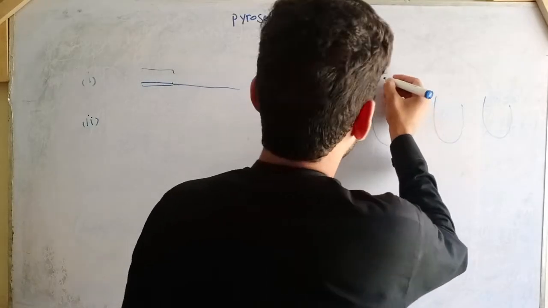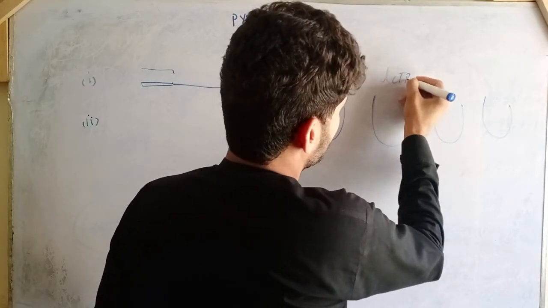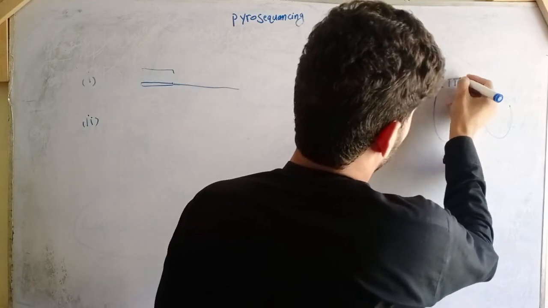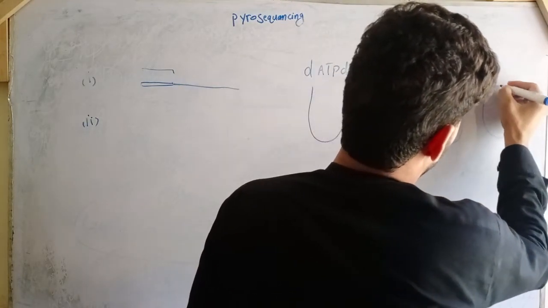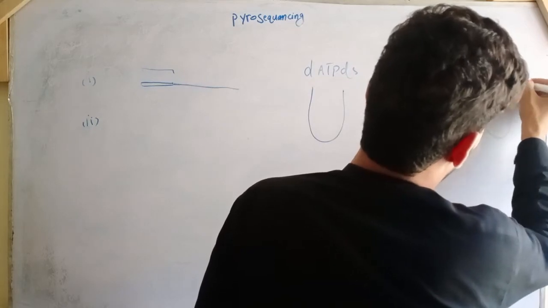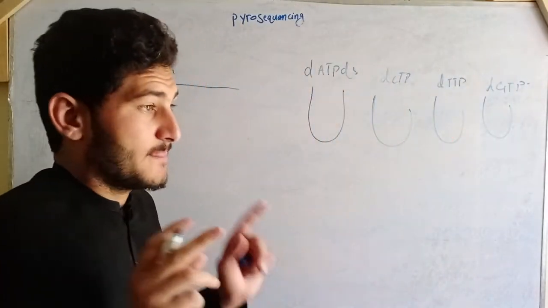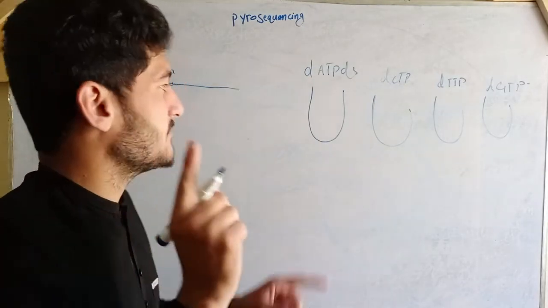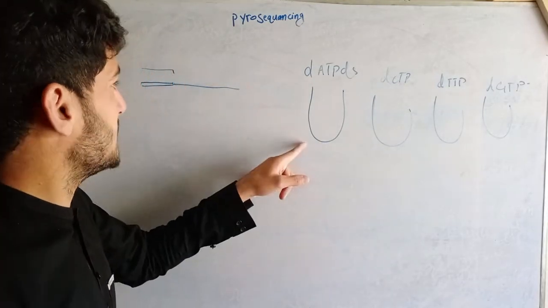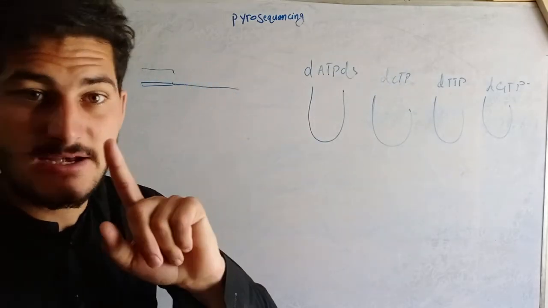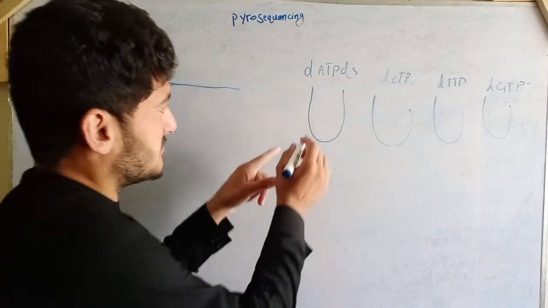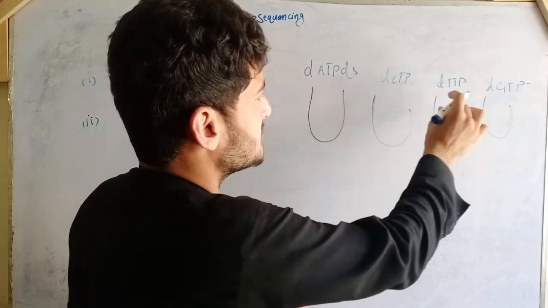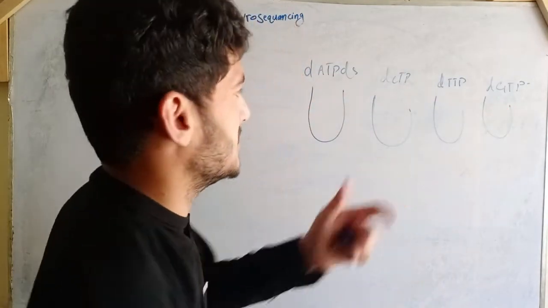Then the second tube has dCTP, and the third tube has dTTP, and also dGTP. So remember, we add only one type of dNTP at a time. That may be dATP, dCTP, dTTP, and so on.